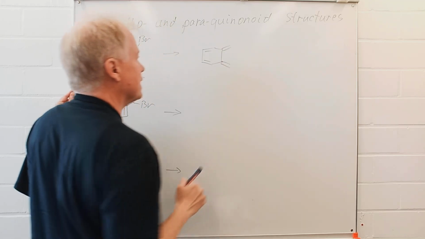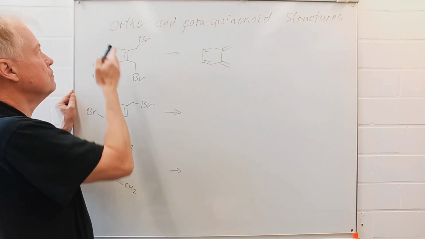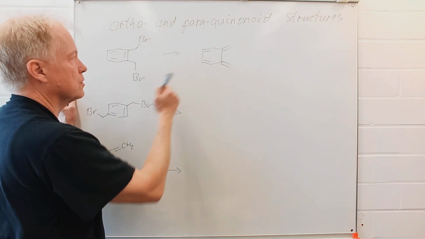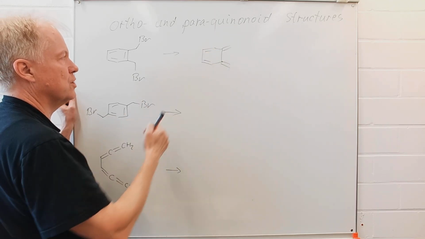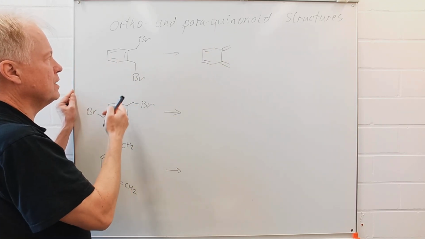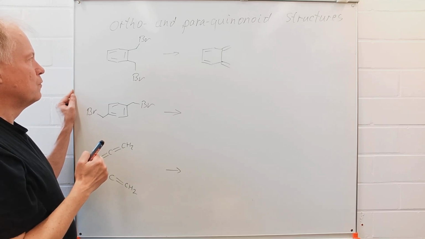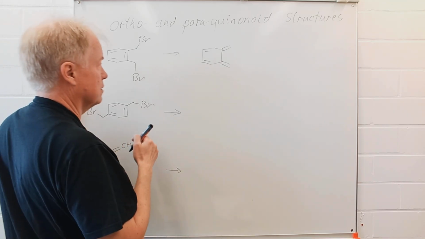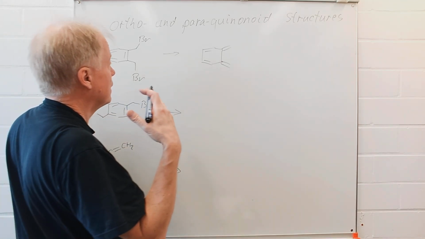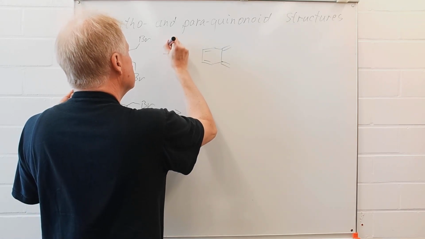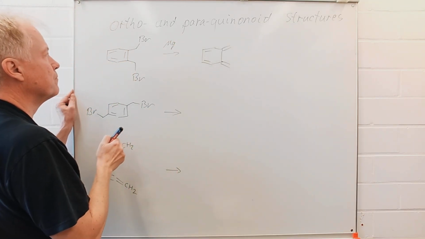The highly reactive species, the orthoquinonoid structure, is this one. How can we generate that from here? Well, we have to eliminate bromine. This is easily done by a monometallation, for instance, with magnesium.